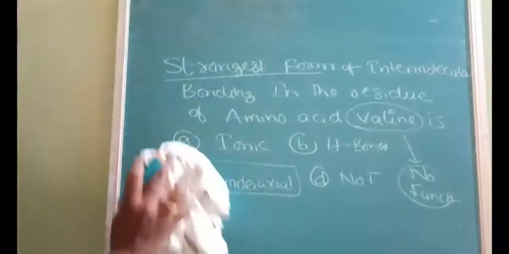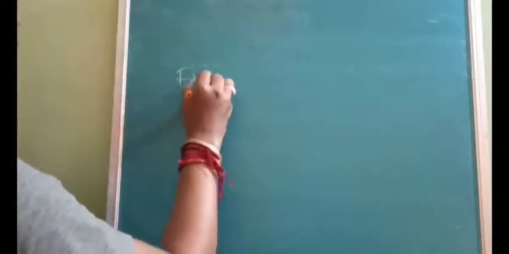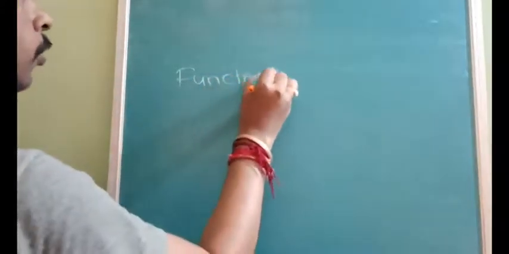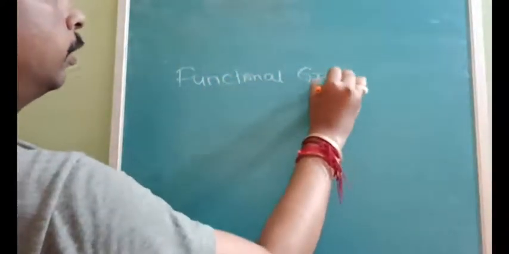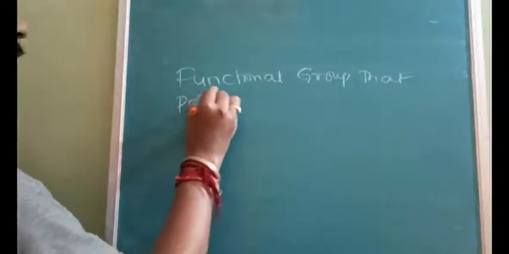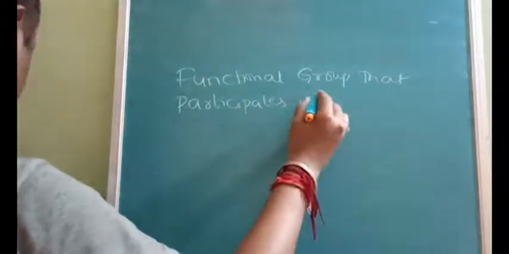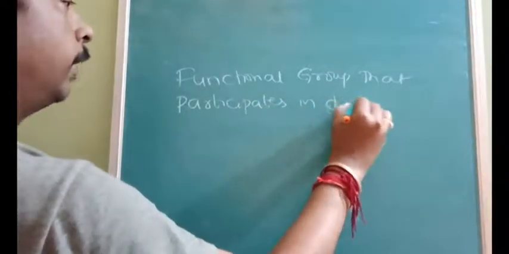So shall we go for the next question? Next question is the functional group that participates in disulfide bond. Okay, the question is: the functional group that participates in disulfide bond.